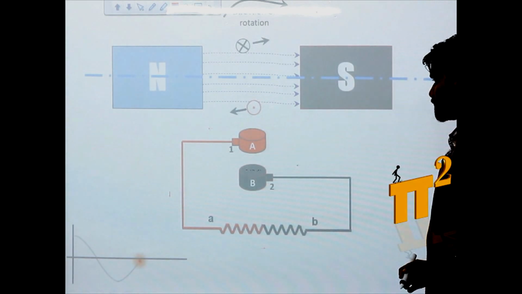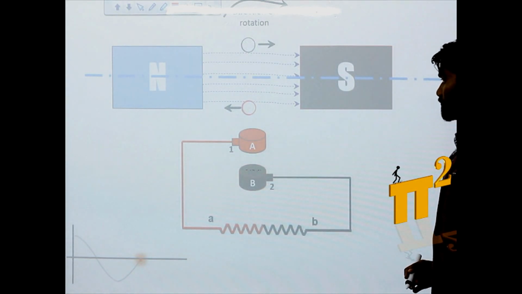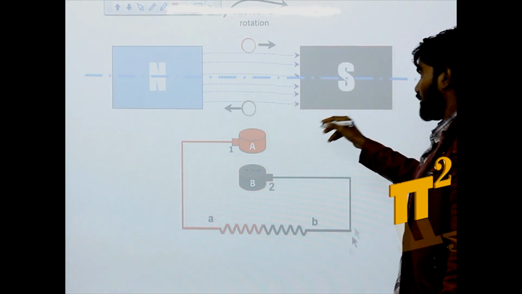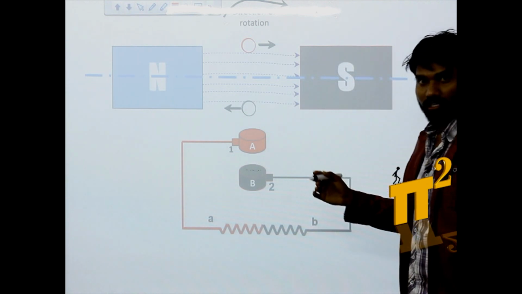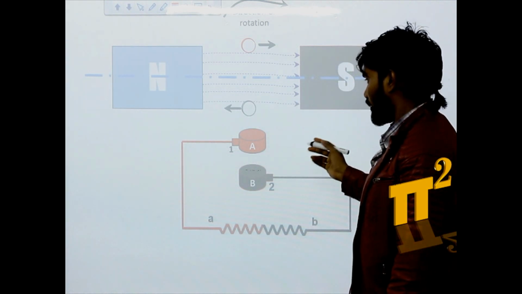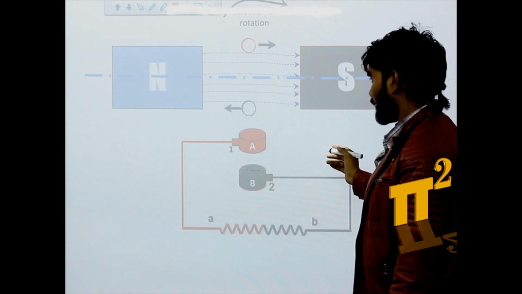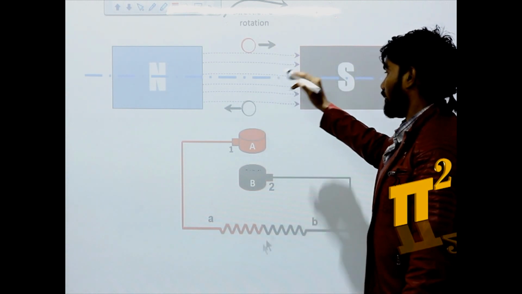Further, you can see in complete form, in full cycle, you can observe the current direction, dot, cross, everything.